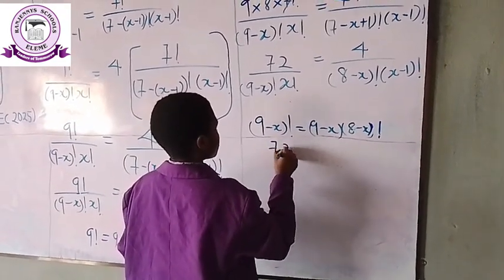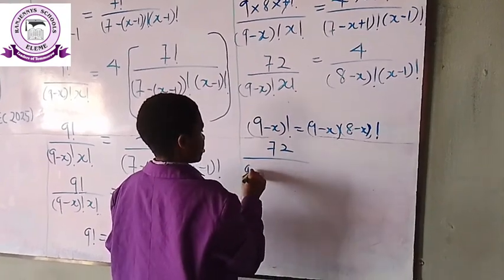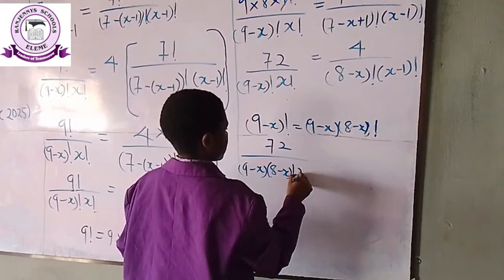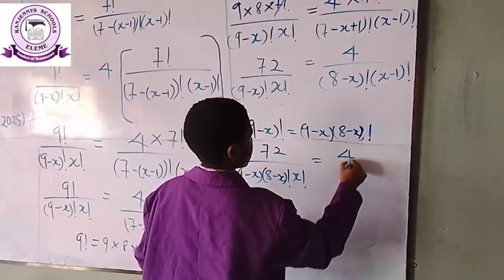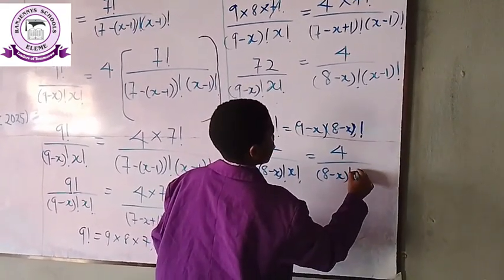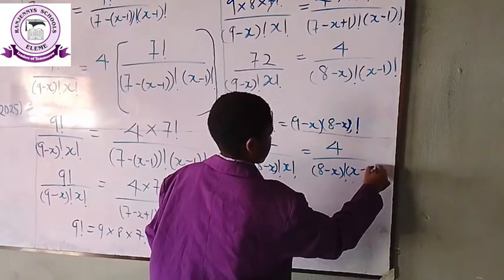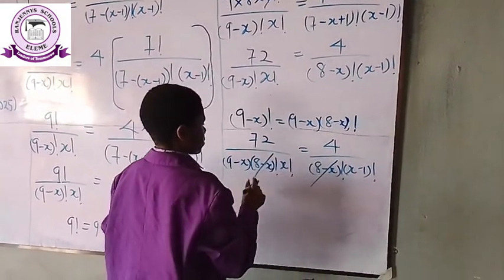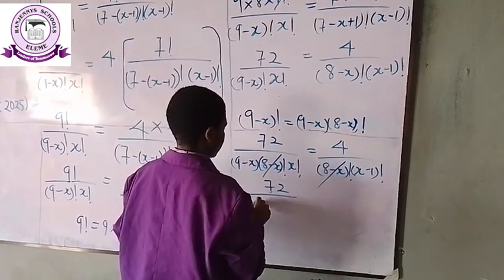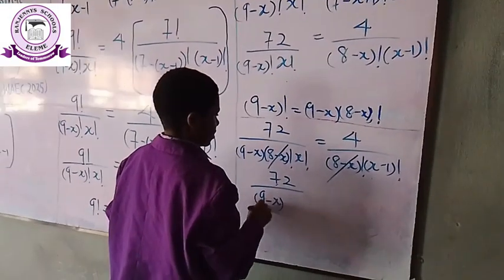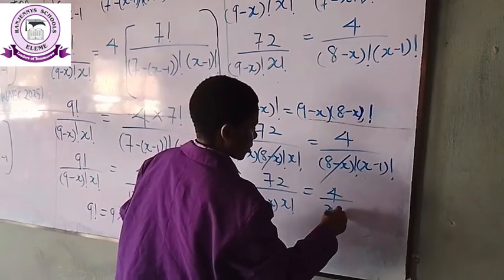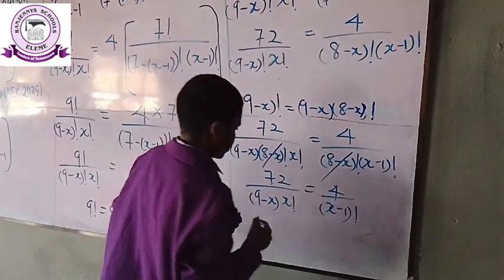So 72 all over 9 minus x times 8 minus x factorial equals 4 all over 8 minus x factorial x minus 1 factorial. This and this will cancel themselves and go away.